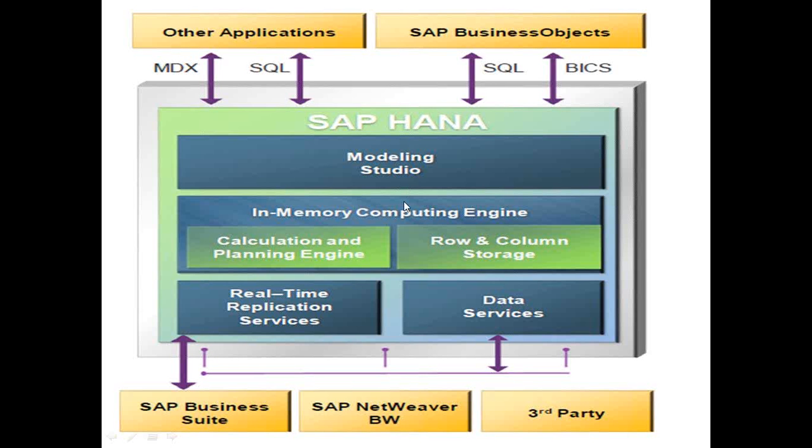Those models would be consumed in the reporting layer. The reporting layer here is anything. It could be SAP BO reporting layer, it could be Tableau, it could be QlikView, or any other reporting third-party tools. So whichever supports SAP HANA, any kind of reporting tool that you can use.